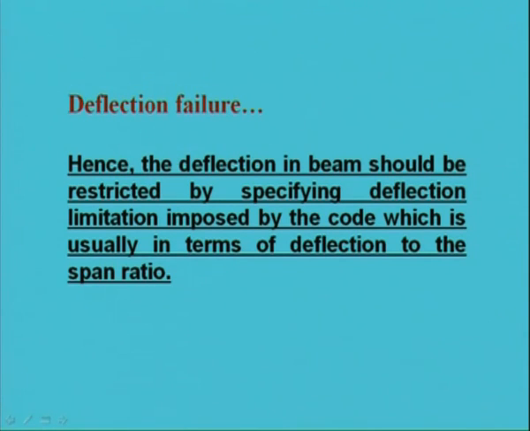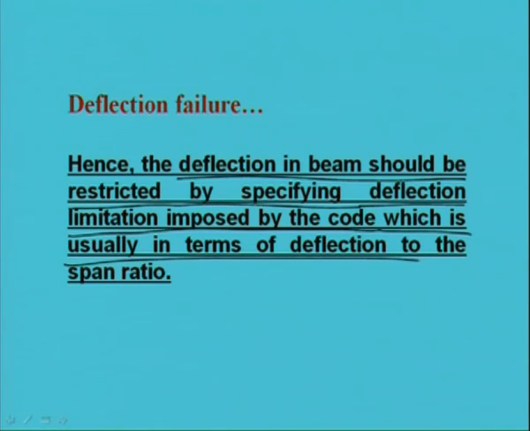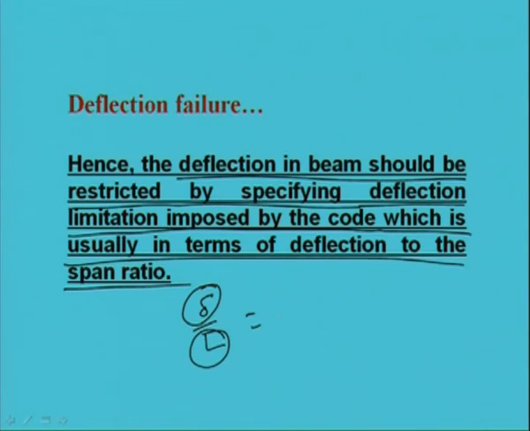Therefore, the deflection in a beam should be restrained by specifying deflection limitations imposed by the code, which are usually in terms of the deflection to span ratio, right. If the deflection is this, then what should be the limiting value? The code has given guidelines through which we can find out the maximum deflection that can be allowed.